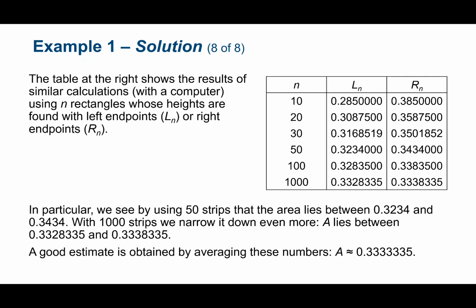And the ones with the right endpoint on the graph, the one that's going to give us an area that's too big, we get this number. And that's starting to get pretty useful. So those two numbers are getting pretty close together. And in fact, when it seems like they're getting pretty close, we can take the average of these two, and we get a pretty good estimate of what our area is going to be.